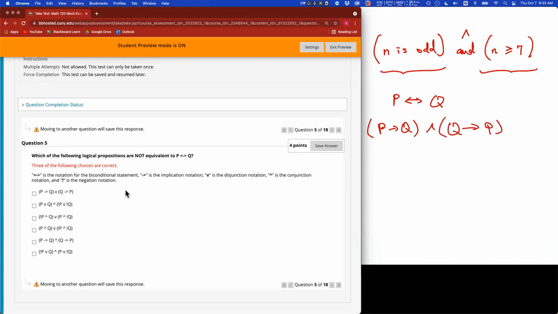That's what double implication means, or biconditional statement. And we also know if P is true, Q must be true, which means if P is false, Q must be false. So that means you will have either P and Q, or not P and not Q. So this means they are either both true or both false.